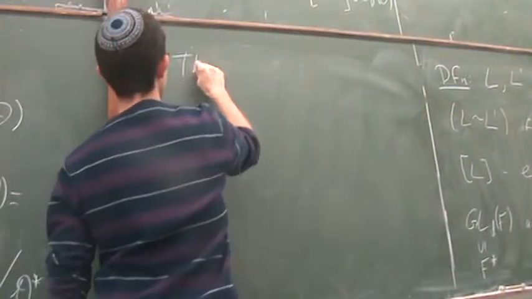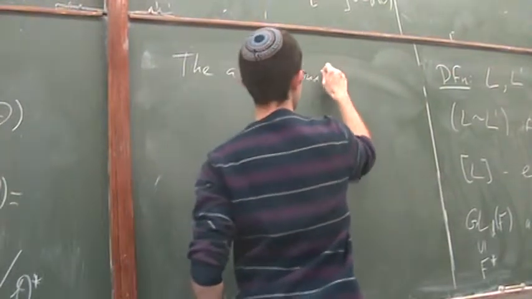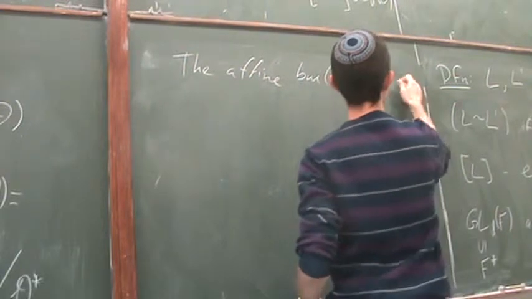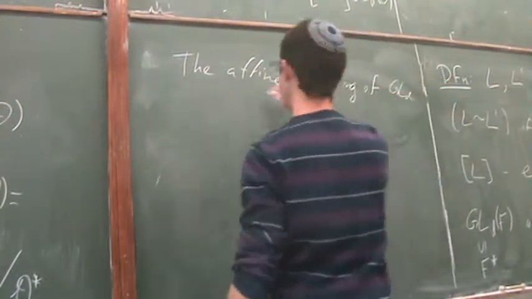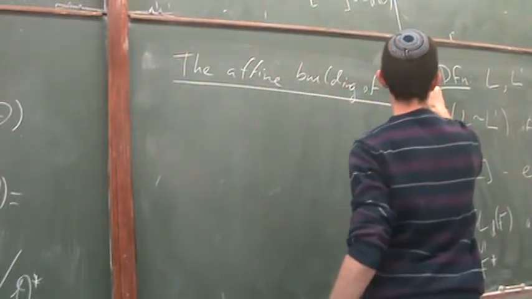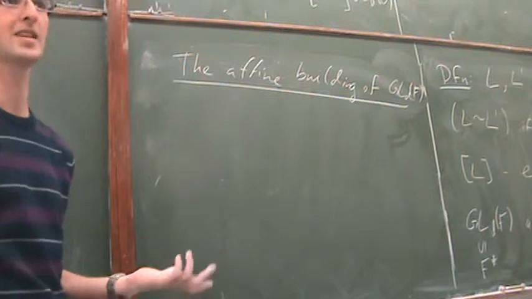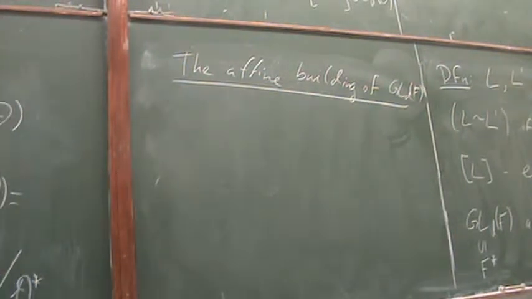So the affine building of GL_d. I'm going to construct a simplicial complex. I'm calling it a building because it comes with some additional structure.